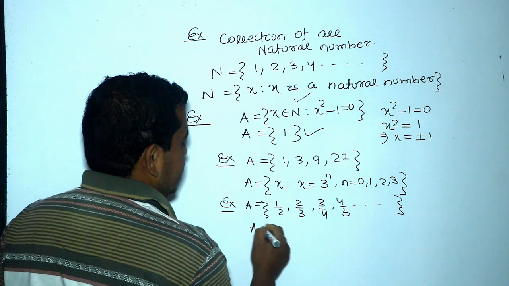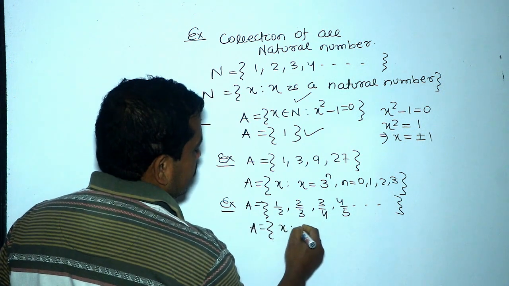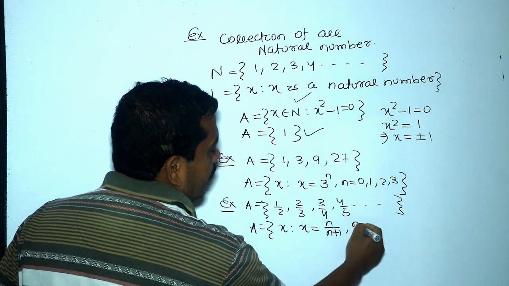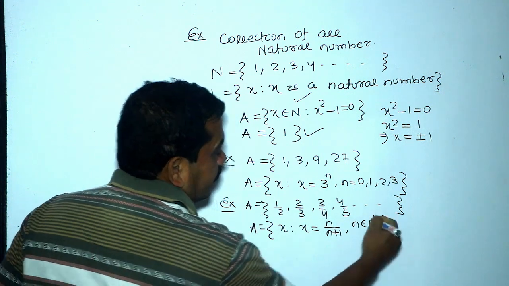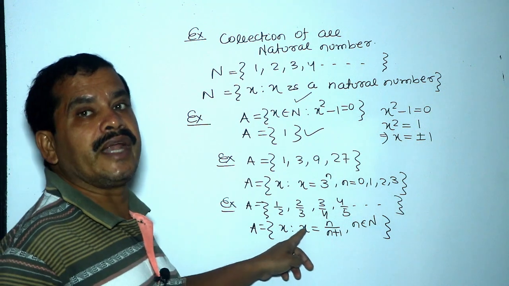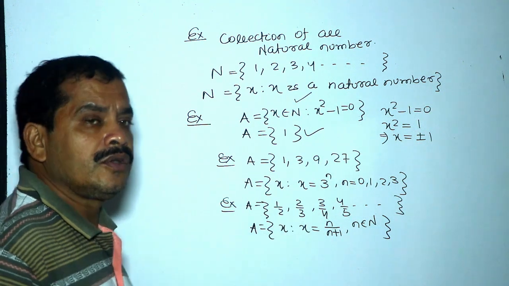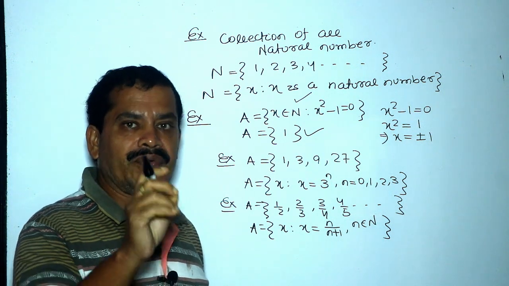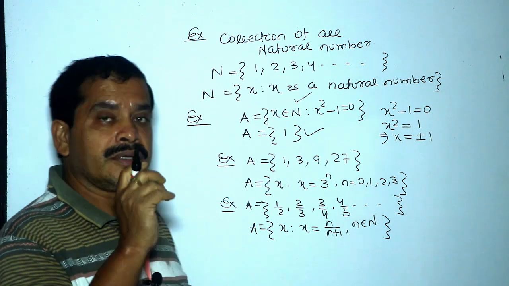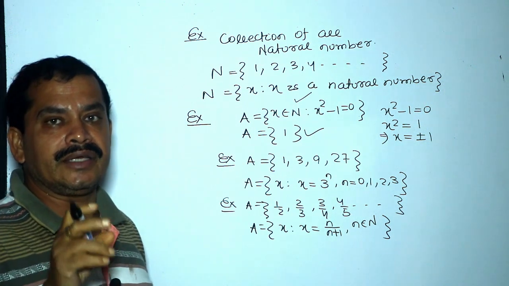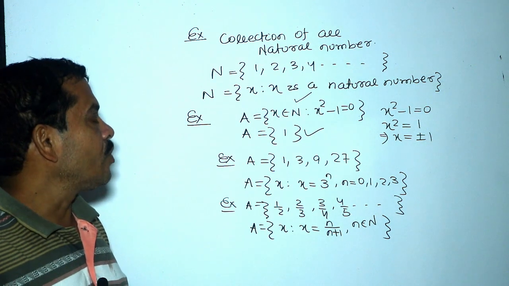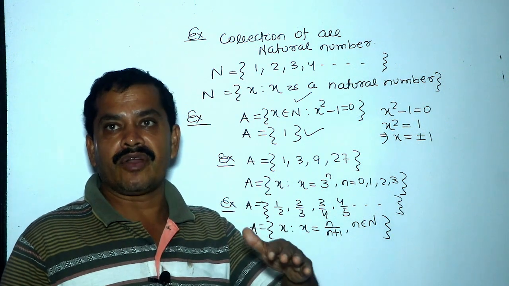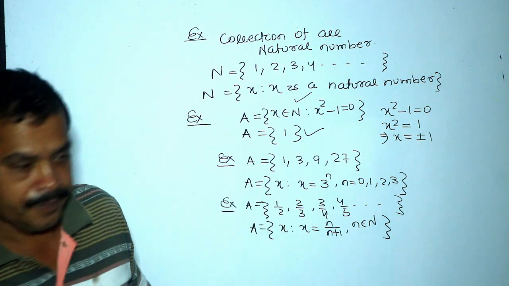We can write it in set builder form as x such that x equals n/(n+1), where n belongs to N. This is the set builder form of this set. So we can describe a set in two different ways: one is set builder form and another is roster form. We can convert roster form to set builder form, and set builder form to roster form.